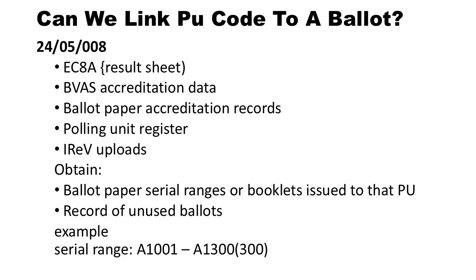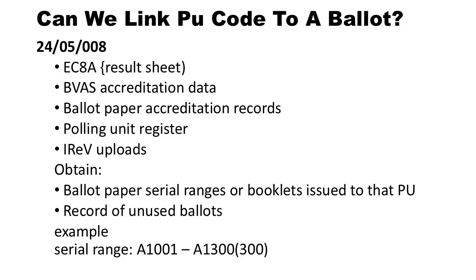We may not be able to link a PU code to a ballot because all ballots in Nigeria are anonymous. But they have serial numbers. Now let's take this PU code 2405008 as an example.